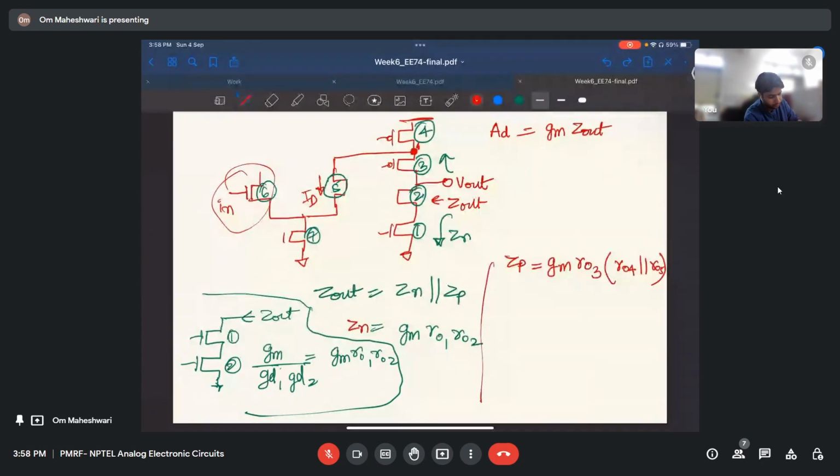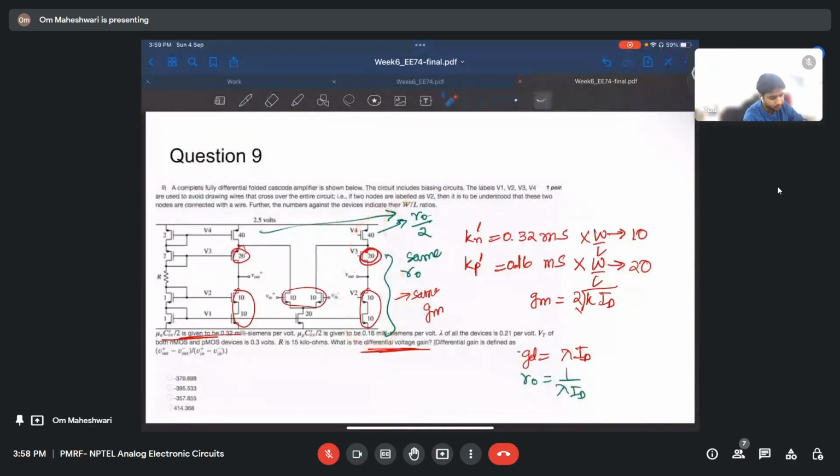So anyway, all these transistors have RO1 equal to RO2 equal to RO3 equal to RO5 equal to RO, and RO4 equal to RO by 2, that we had just seen here, right? What I was talking about.